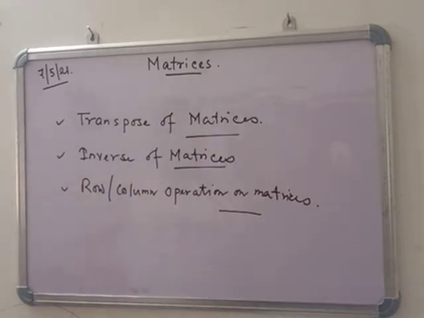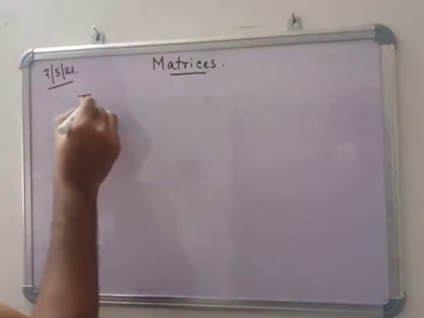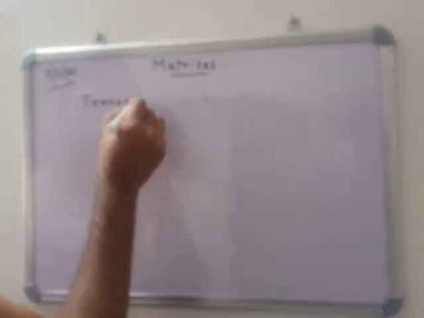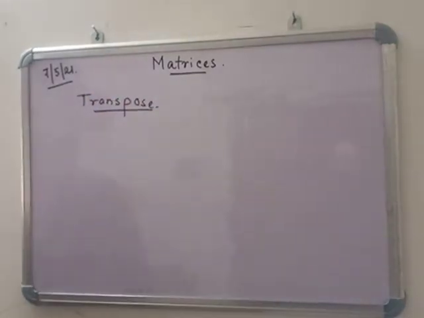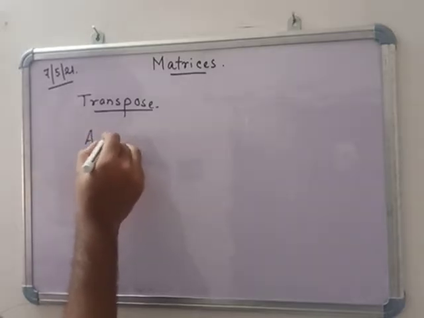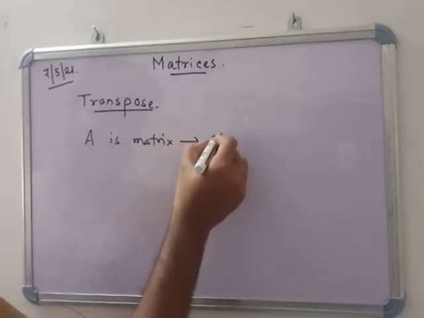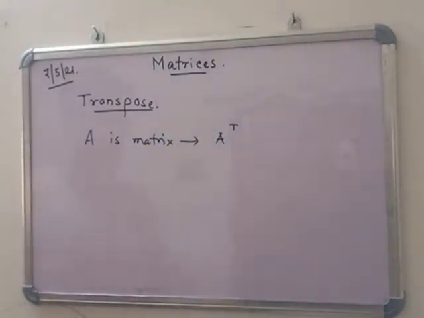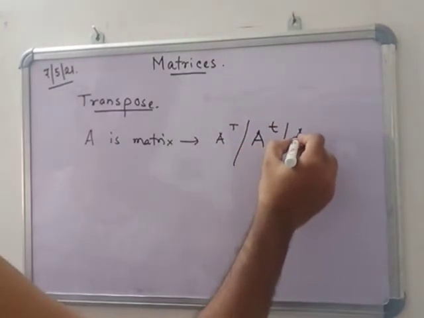So today we are going to discuss the transpose of matrices. So what is the transpose of a matrix? See that. Transpose means if A is a matrix, then A transpose, we can write capital T, we can write small t, we can write A dash.